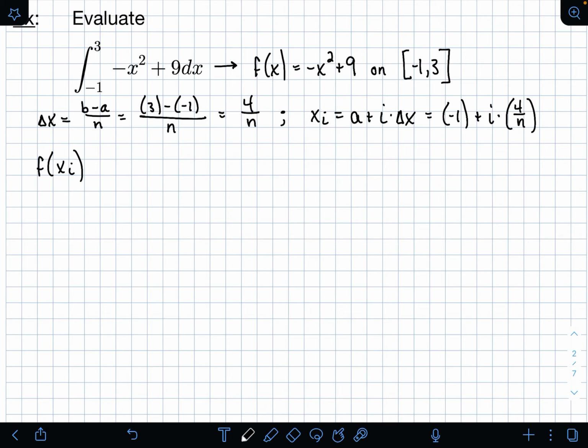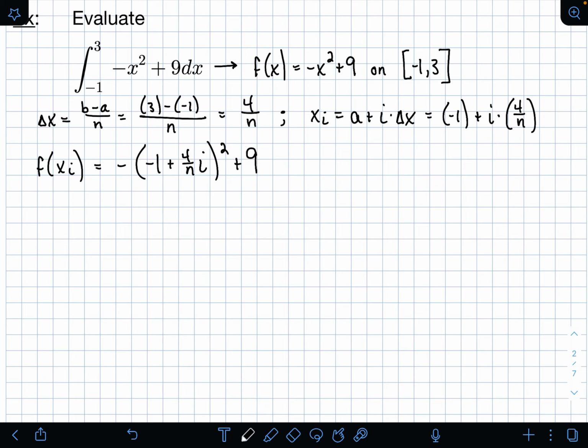Negative 1, oh, excuse me, I forgot the negative sign in front of the whole thing. Negative x squared, where this is our input formula, plus 9.